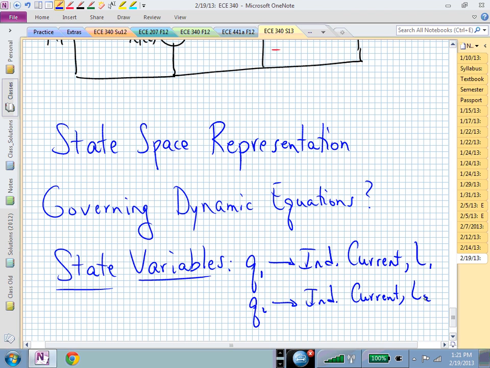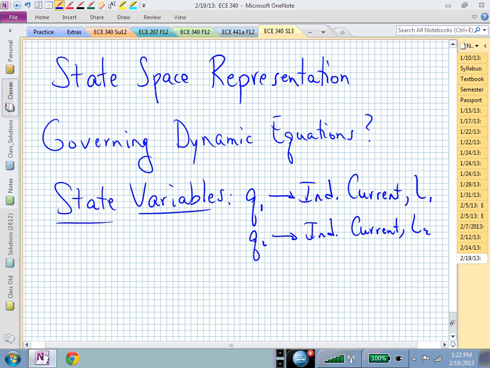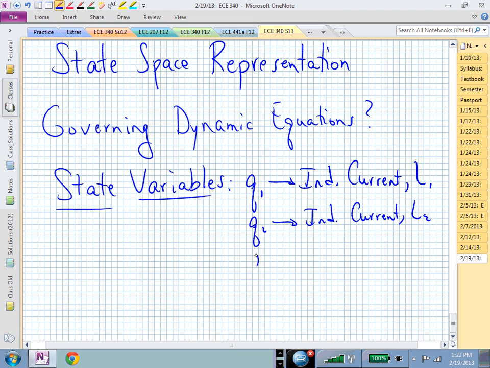in L sub 2, and you could have defined those in different directions. That's okay. It'll be different from my state space, but it will be equivalent, meaning we'll get similar answers for Y1 and Y2. They may just look different in getting there. And Q sub 3, I decided to make that the capacitor voltage.